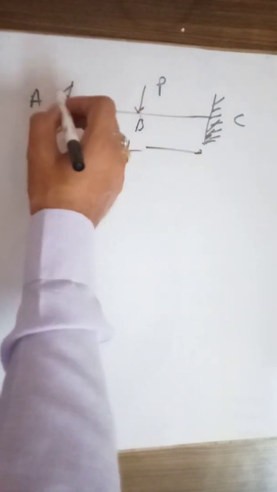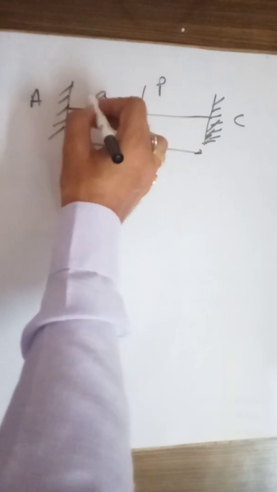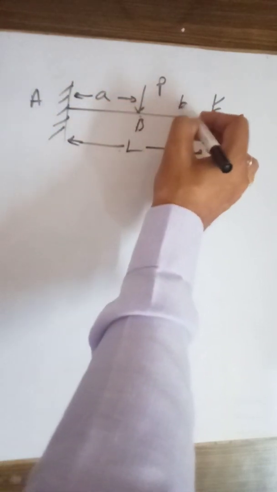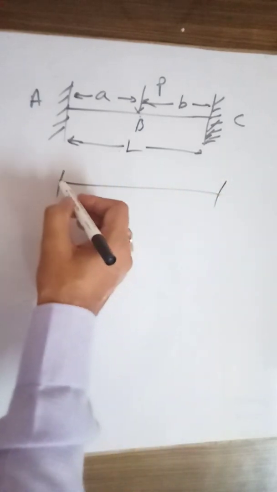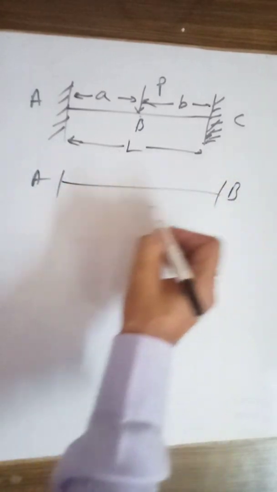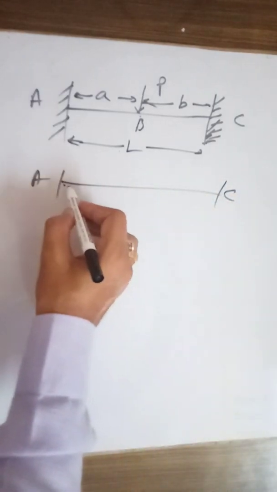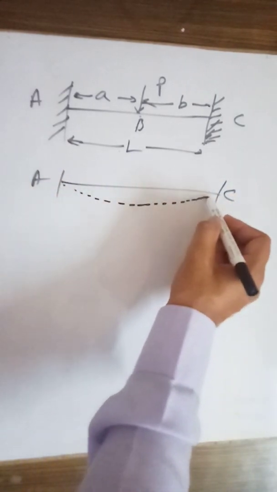The load is applied from a at a distance small a, and from b at a distance small b. Let me draw some free body diagram. So for here it's a and c, and the bending will be like this.